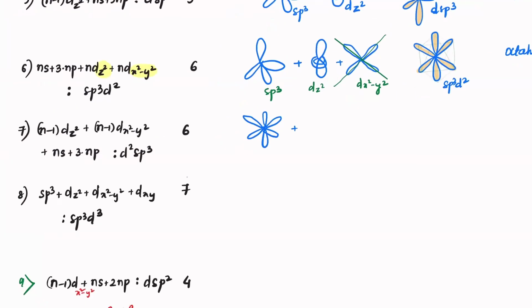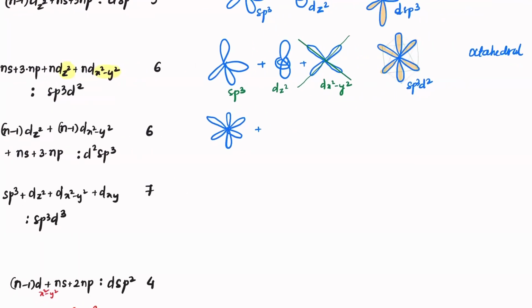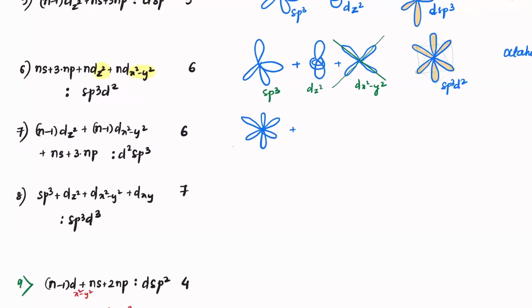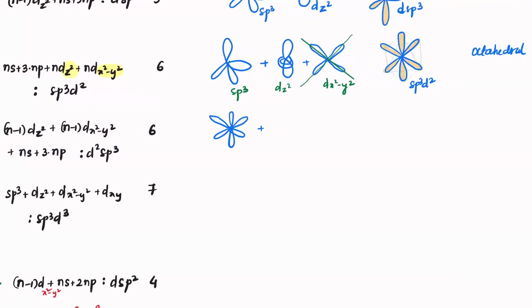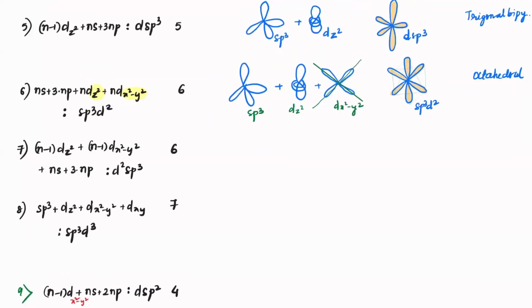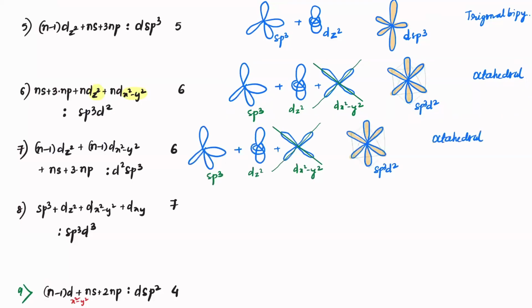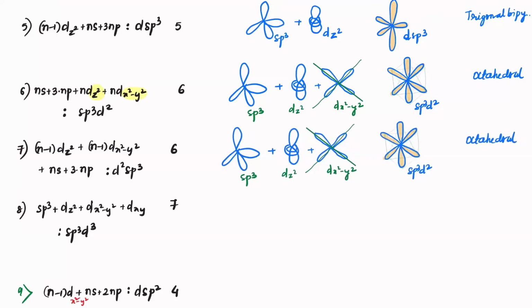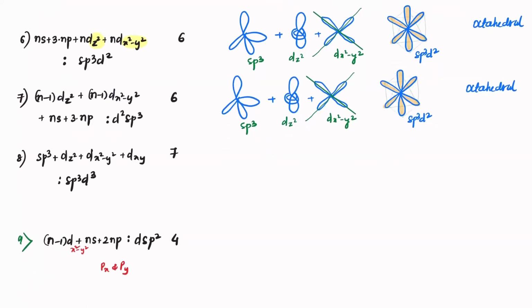It is the same form basically, just that we are using inner orbitals, n minus 1. Earlier we used outer orbitals. So the idea would be exactly the same.